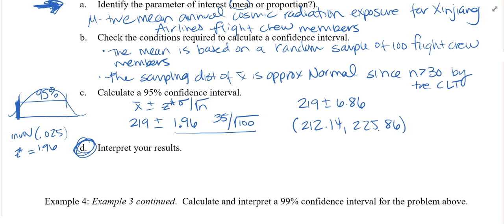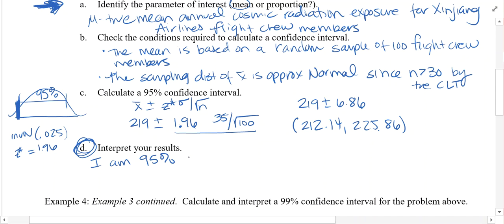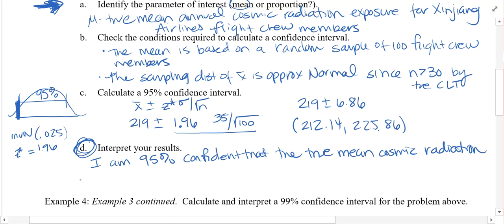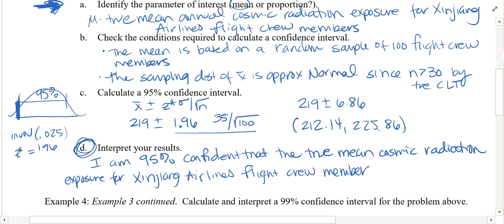You can say, I am 95% confident that the true mean cosmic radiation exposure for this airline's flight crew members is between our two values, 212.14 and 225.86, and I'm going to use the units.